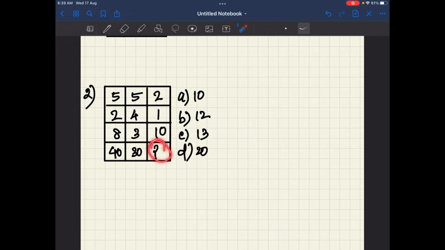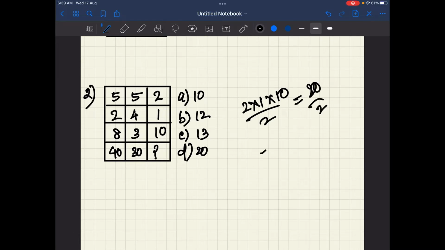So to find out this result, we need 2 into 1 into 10 by 2. It's nothing but 20 by 2 equals 10. So the answer is 10.